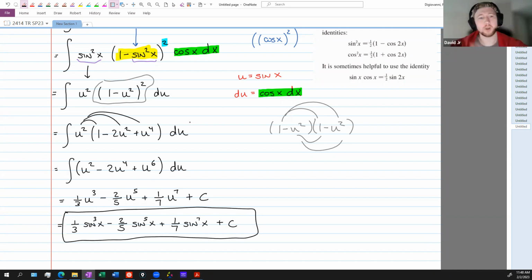I had a quick question. At that part where you have u squared times 1 minus u squared, squared, say you had an impossibly high exponent instead of that outside 2. Could you do u substitution again right here and use, I don't know, a v?